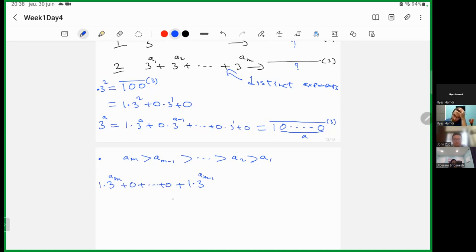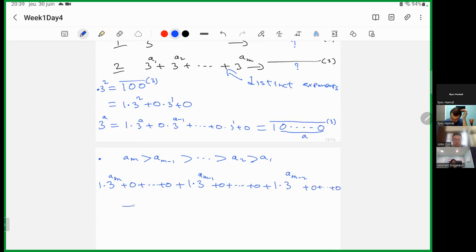So I have zeros in the middle because there are powers of 3 in the middle, but I'm not taking them into account. So zeros. And then another set of zeros until I reach the next power of 3, and then I will have a 1. Okay, and then a set of zeros.